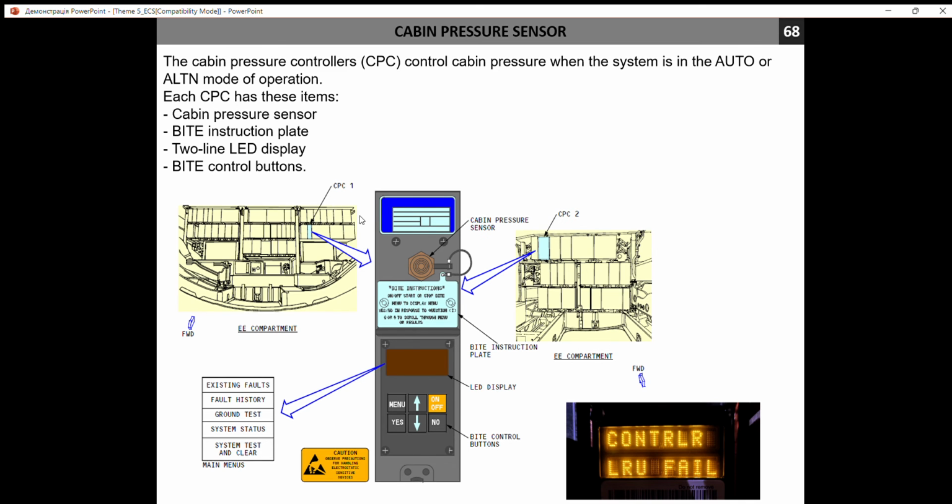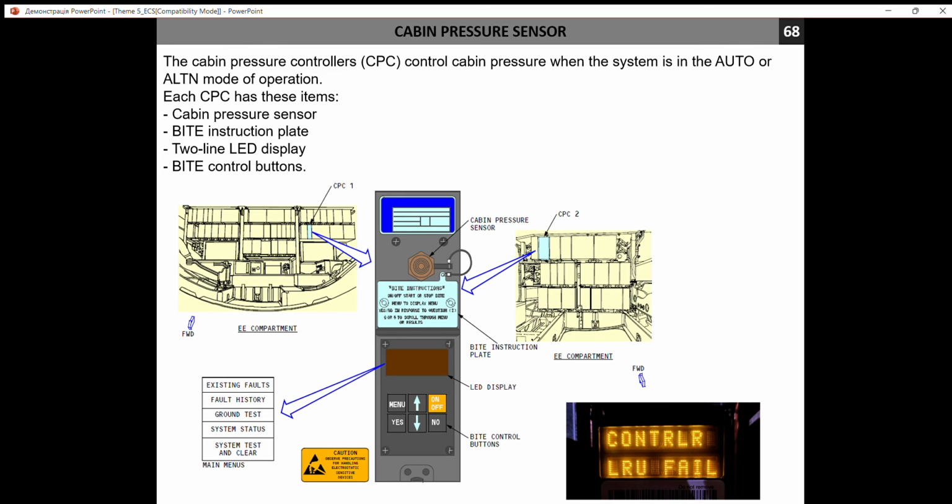And it has a built-in cabin pressure sensor. So it will determine the pressure in this compartment and then give a signal about the pressure on board. We use a minimum of 2 of them.